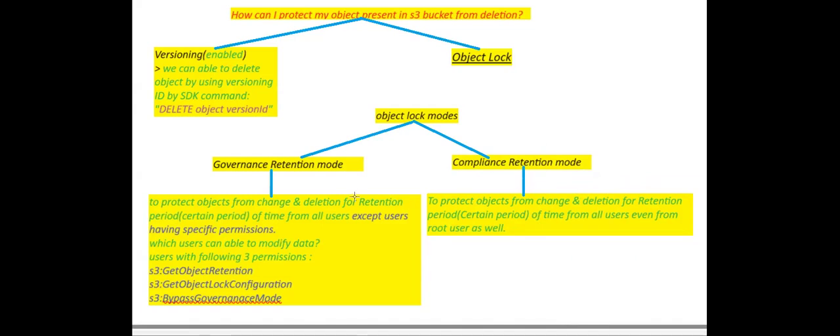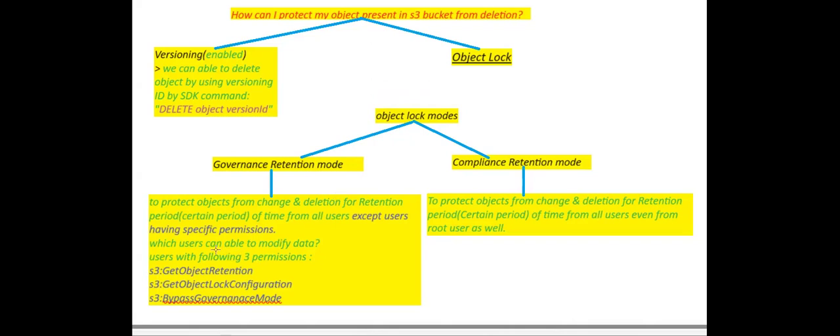So if you want to provide governance to certain users, so that except for those users, no user can change or delete your object data, then you can go for this governance retention mode. Since you are providing governance to certain users, you are using the governance retention mode. So who can modify your data?